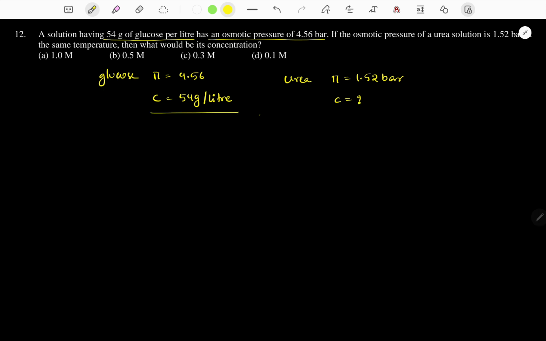In this case, the osmotic pressure formula is pi equals CRT.